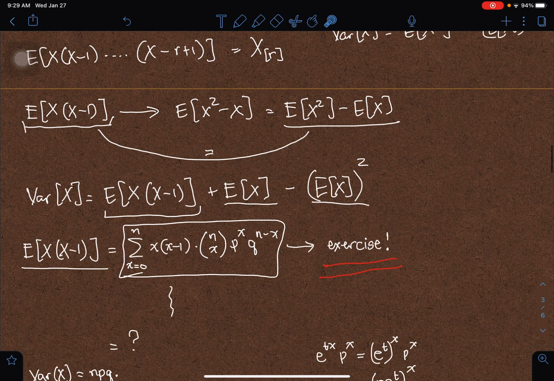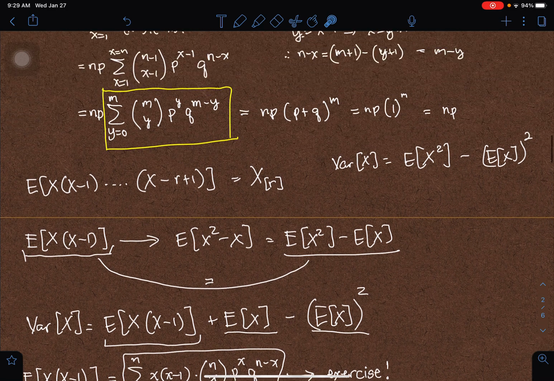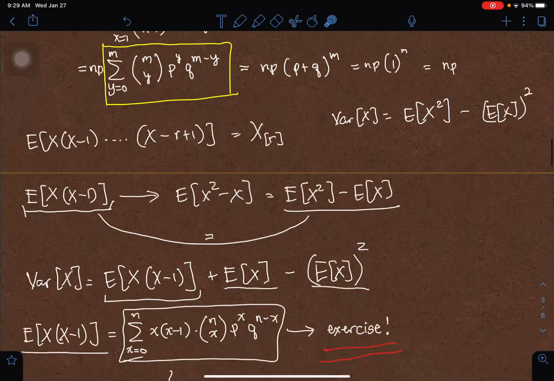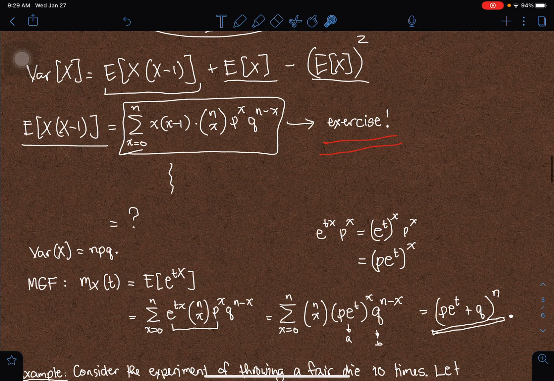However, I'm going to give as an exercise to you guys the expected value of x times x minus 1. Okay, so you use the same technique that we did in finding the expected value of x. So you must be able to get the variance of x, which is npq.